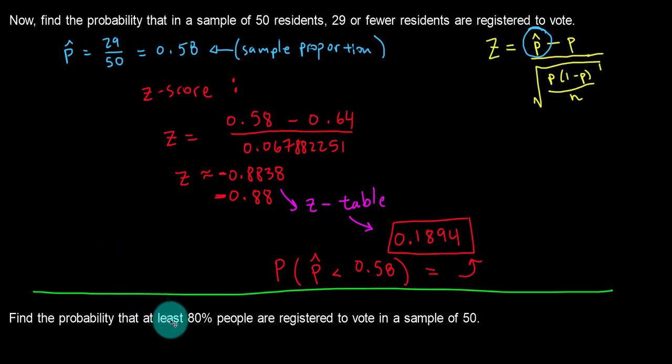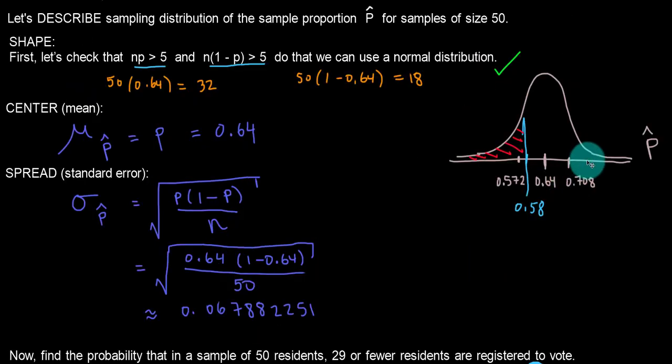Also, we are asked a probability that says at least 80%. If I was to illustrate that in our image above, I would put 80% probably over here, 0.80. And the question asks for us to find the probability that at least 80% are registered to vote.